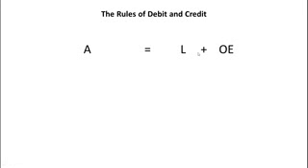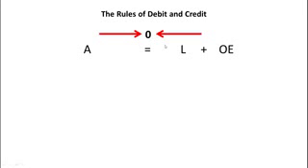And let's do this. Let's put a 0 up above that equal sign. And let's say that any time we want to reduce something on the asset side, we're going to go towards that 0. And any time we want to reduce something on the liability owner's equity side, we're also going to go towards this 0.